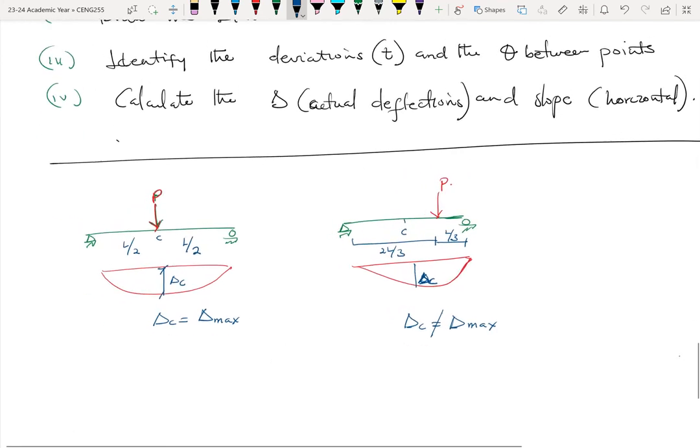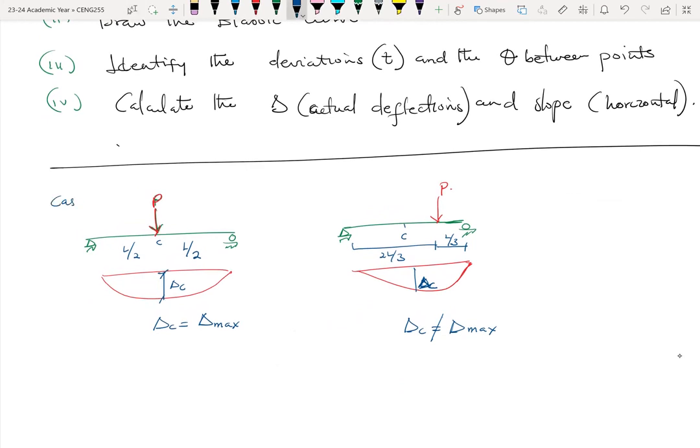And the reason is that in case 1, so this is case 1, this is case 2, your slope at C is 0. Right, but in case 2, your slope at C is not equal to 0. All right. So finding your maximum deflection depends on the location of your load, or the load positions. Okay.